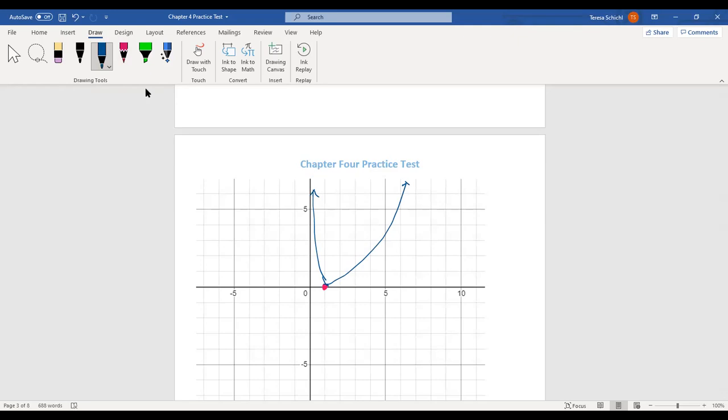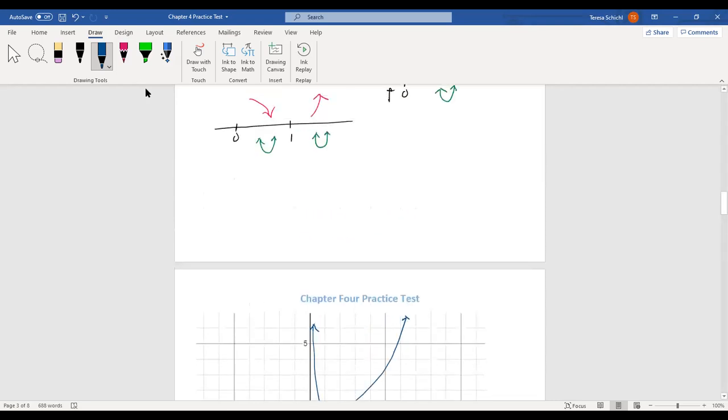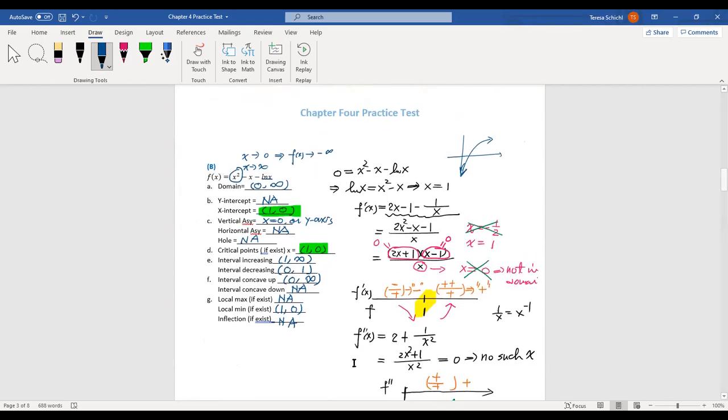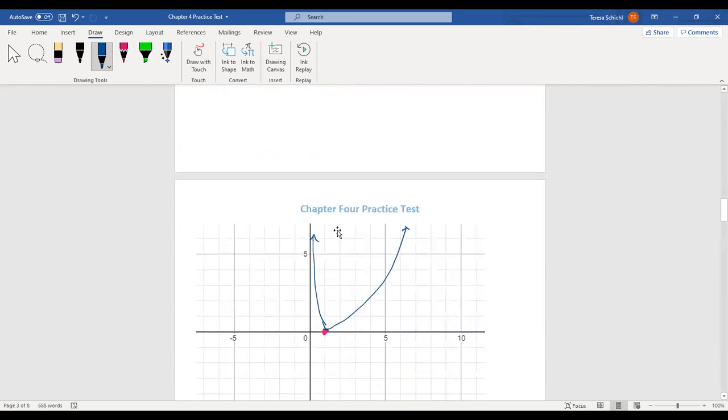Like I said, if you want to be a little more accurate, you can choose a point. Maybe choose x equal to 5, see what the value is, and mark the point. Your graph will be a little more accurate, but based on these guidelines you can already see the shape of the graph.